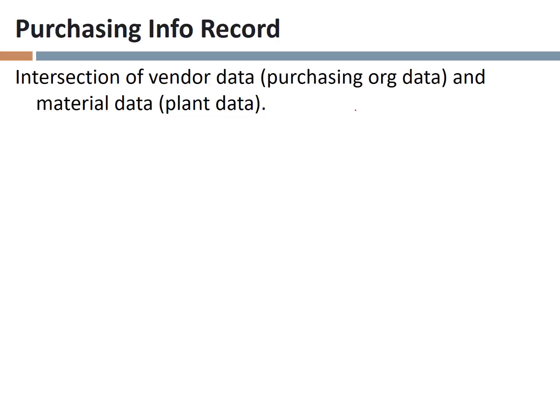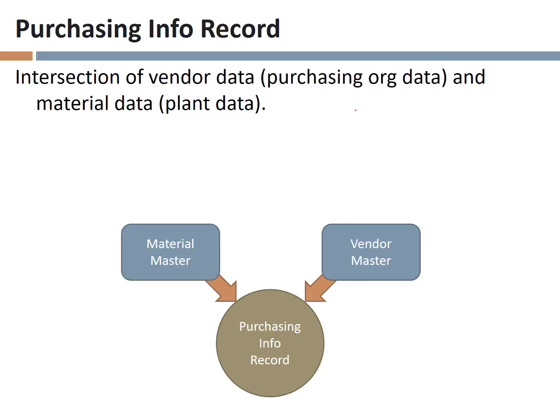This record, this master data record, which by the way does not have to exist in every instance, is where our vendor data and our material data have the ability to come together. And so the material master contributes some to this, the vendor master contributes some to this, and this is called a purchasing information record.